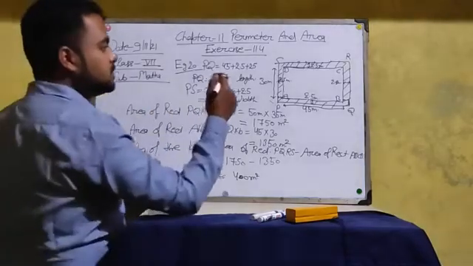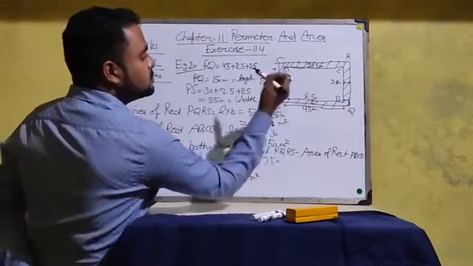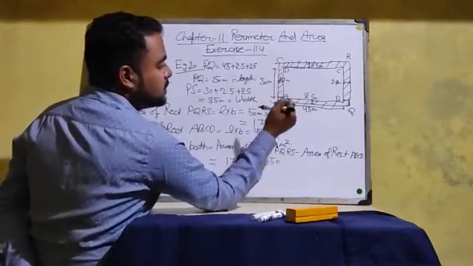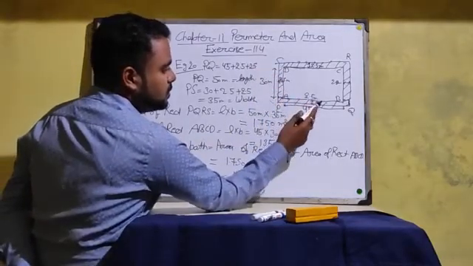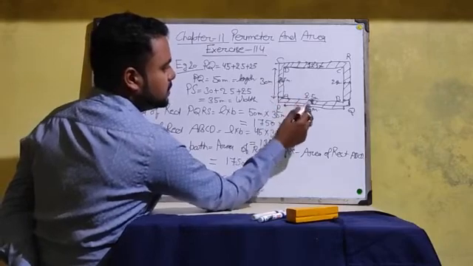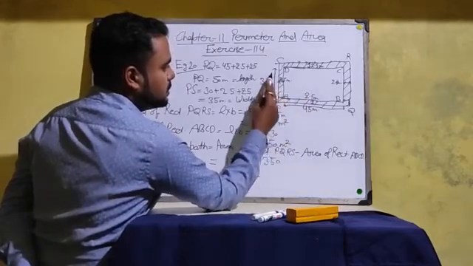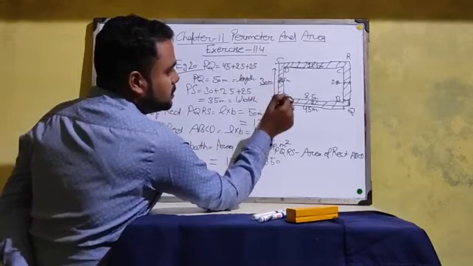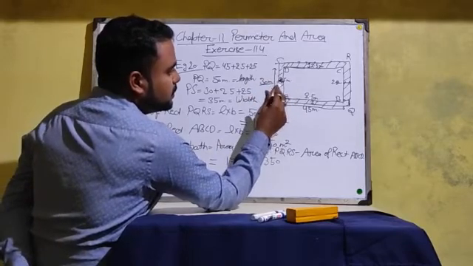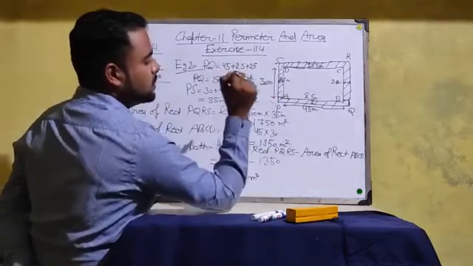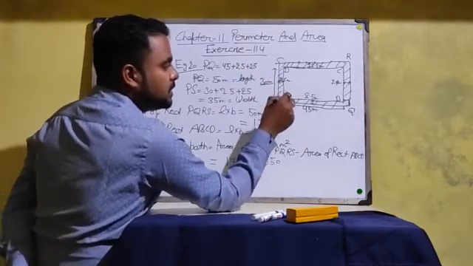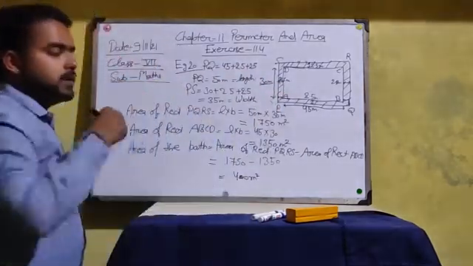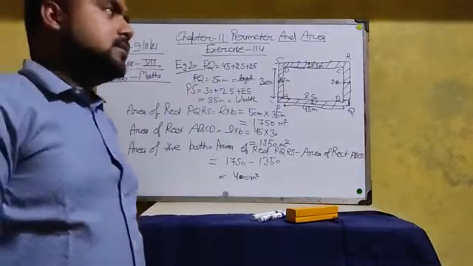First, let me explain it again. As it is given that the length of the rectangular park is 45 meter, and the width is 30 meter, and there is a boundary of 2.5 meter all over the park. Now we have to find the area of the boundary.